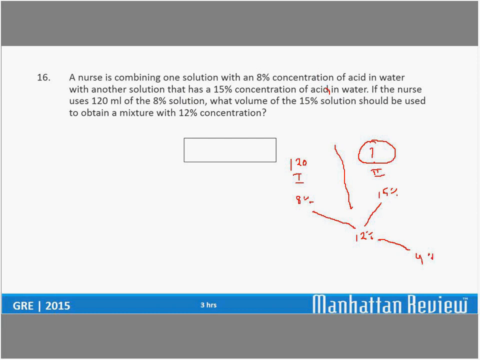With respect to the second solution, from 15 it came down to 12, so it has decreased by 3%. So these values, what are the differences? It is 3 and 4. Now, if the first variety is 3 portions, the second variety should be 4 portions.